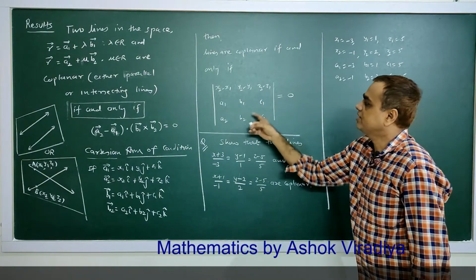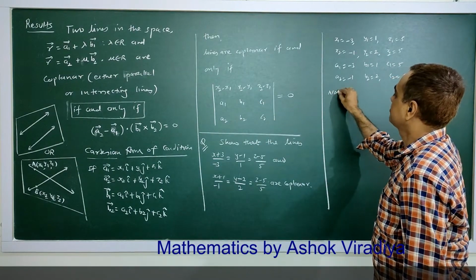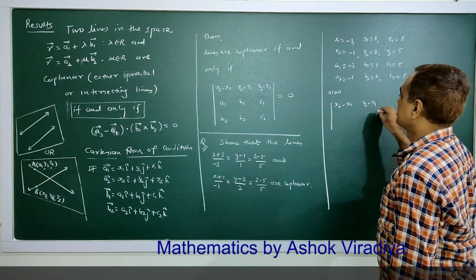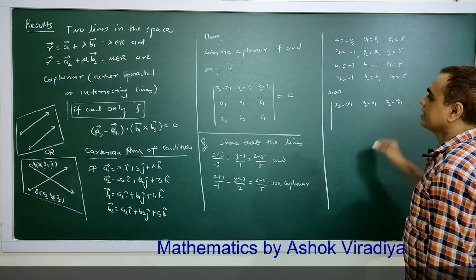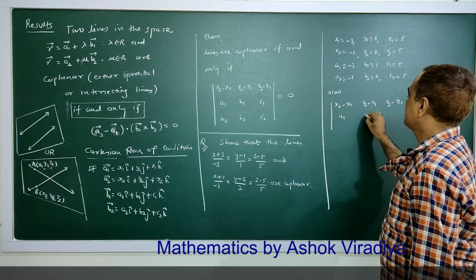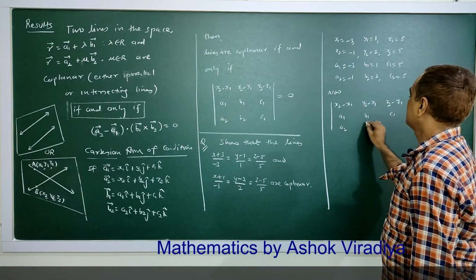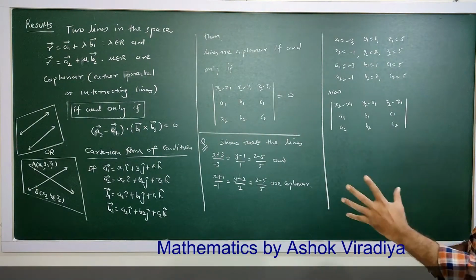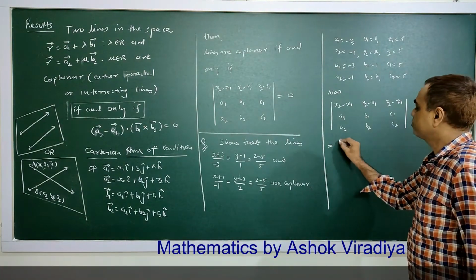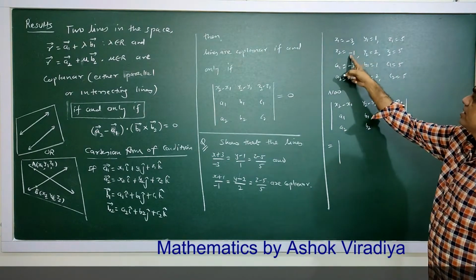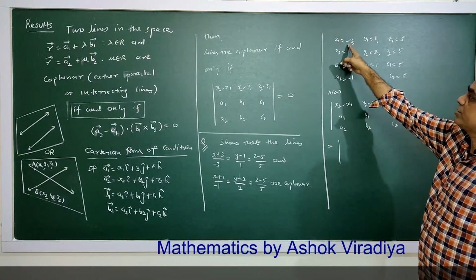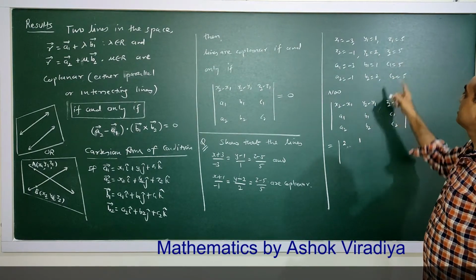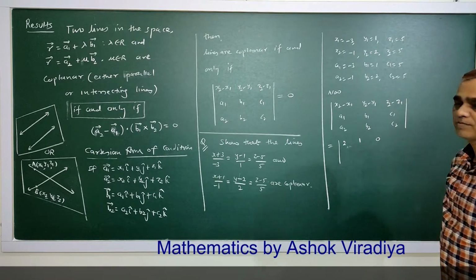Now I take the left hand side of this condition. Here x2 minus x1, y2 minus y1, z2 minus z1, a1 b1 c1, a2 b2 c2. If this value is equal to 0, then lines are coplanar. So putting values: x2 minus x1, minus 1 minus minus 3, that is 2, y2 minus y1 is 1, z2 minus z1 is 0.